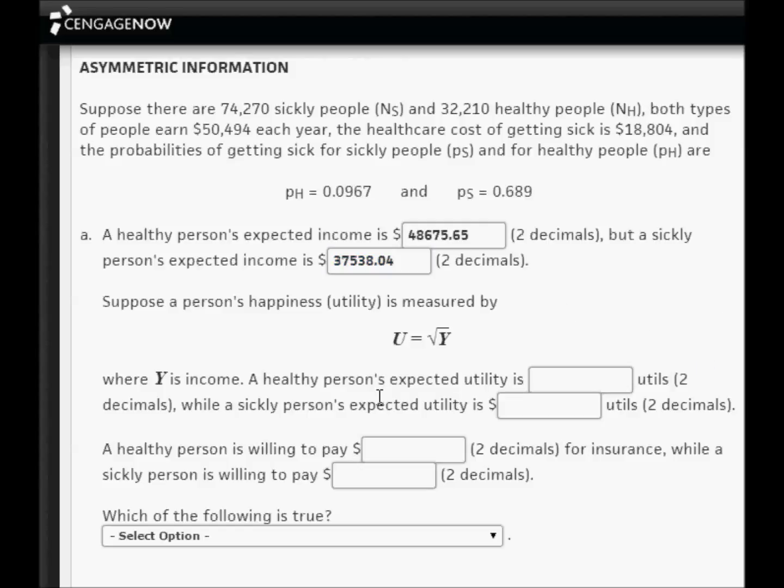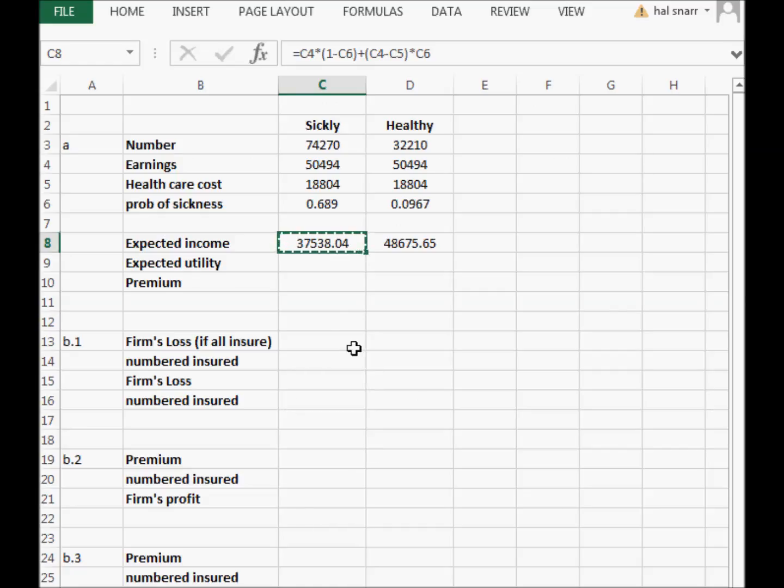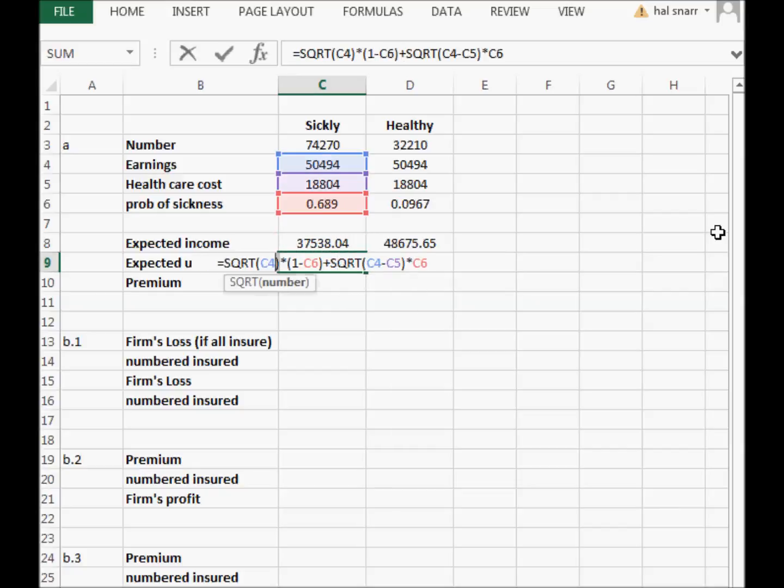Now we need to get the expected utility, or expected happiness or expected level of satisfaction, for both types of health insurance consumers. To get the expected utility, instead of multiplying, say, earnings times the probability of not getting sick, we have to take the square root of earnings first, because our utility function is utility equals the square root of earnings.